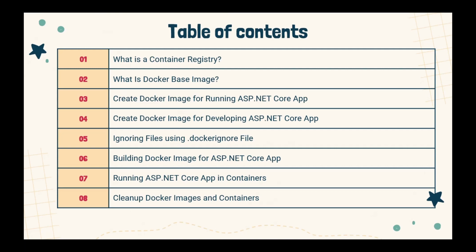Firstly, we will learn about the container registry and the Docker base image, and then we will create the Docker image for running the ASP.NET Core app, and then Docker images for developing the ASP.NET Core app, and then learn about the dockerignore file, and then finally build the Docker images for the ASP.NET Core app running inside a container. Then finally we will learn how to clean up our Docker images and containers.